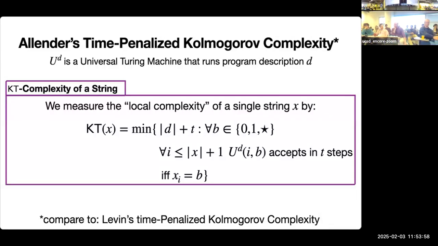So if you write a program that says, oh, on your input tape, find index I and do something with it, that would take time I. The universal machine will pass through access to the values on the tape, I and B. Does that make sense?